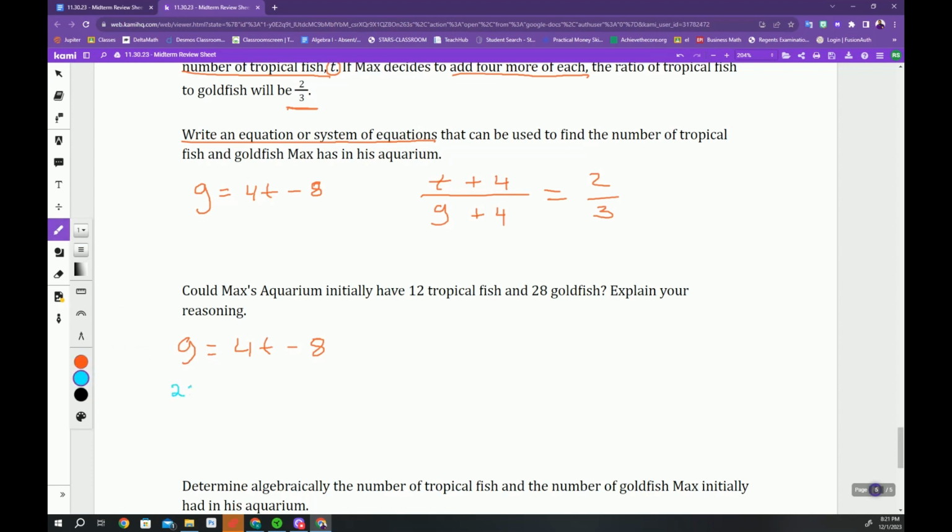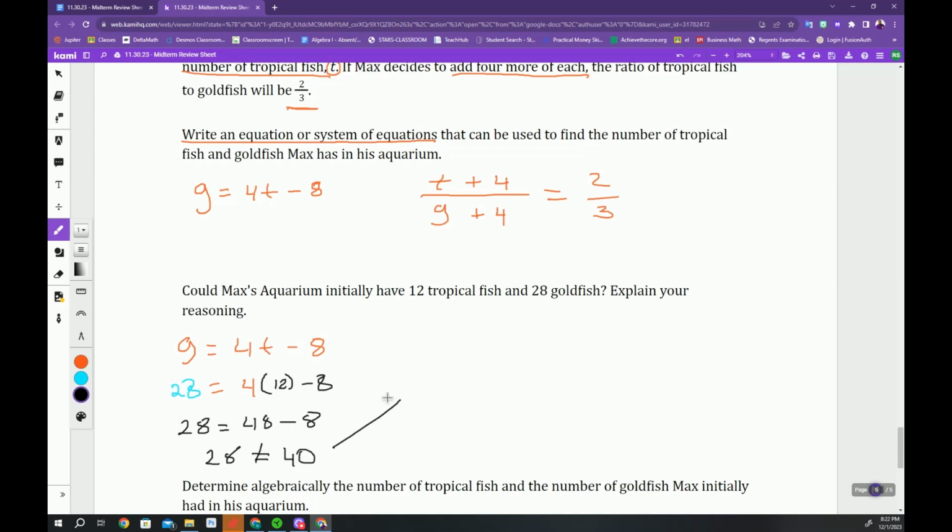Is 28 equal to 4 times 12 minus 8? Well, 4 times 12 is 48 minus 8, which is 40. 28 is not equal to 40.